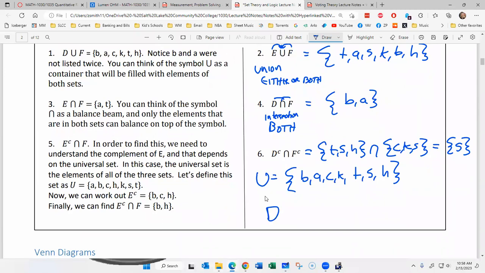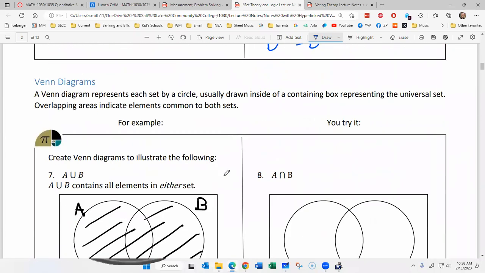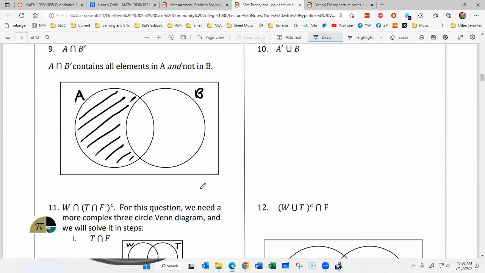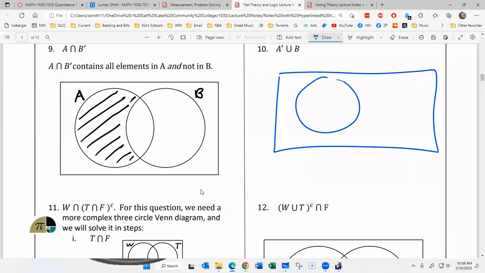Now that superscript C could also be written like this. That's another form. Okay, the intersection is what's in both. If you need to create this yourself, that's the universal set. There's A and B, make sure there's an overlap.